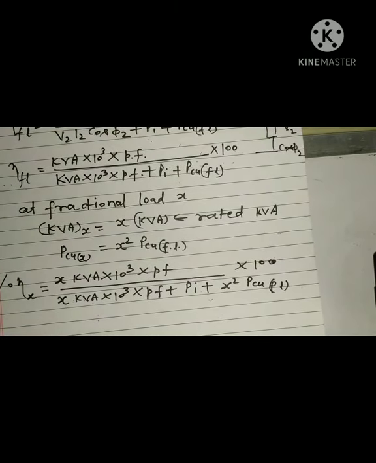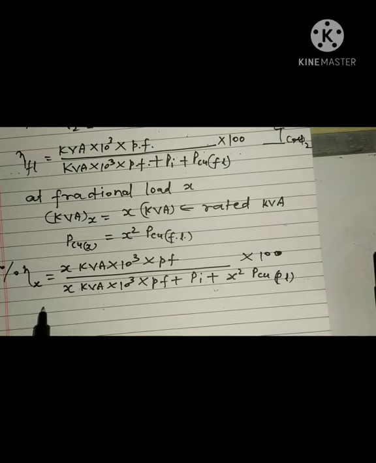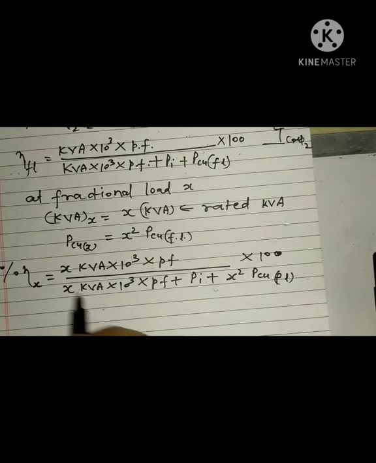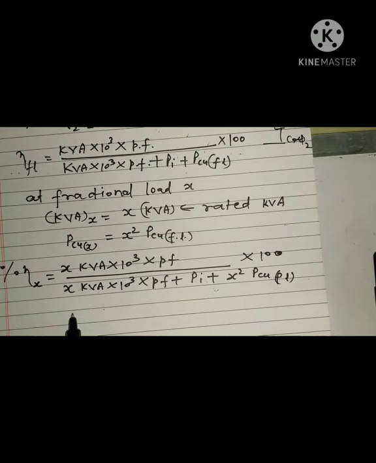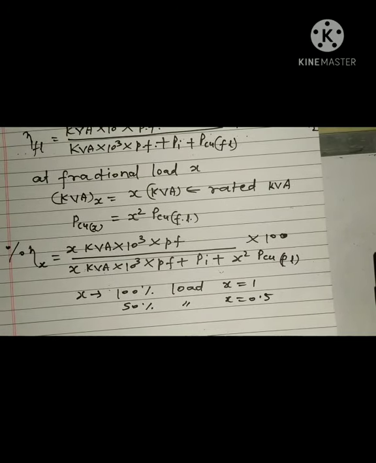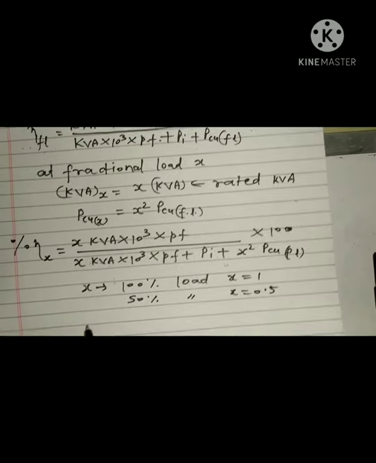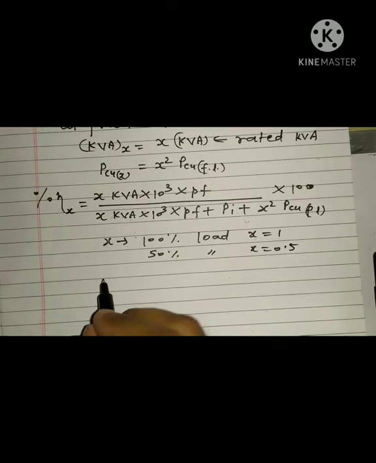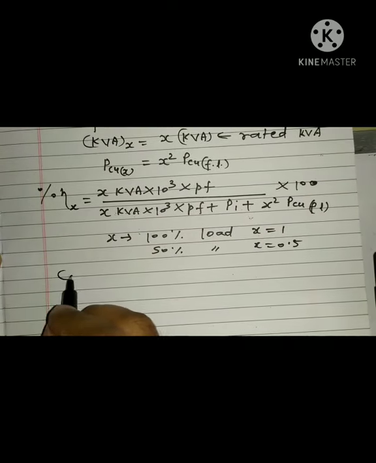Right. So this is efficiency at any fractional load X, where X can be a factor. For 100% load X will be 1. For 50% load X will be 0.5. Likewise it will change.